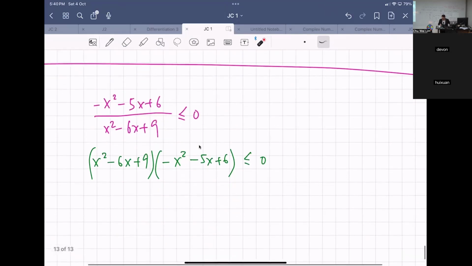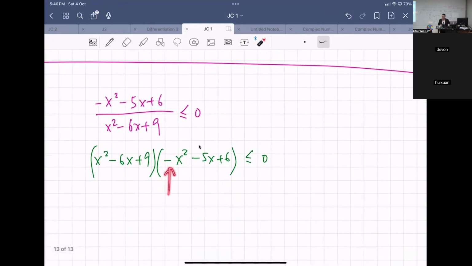If you use the calculator, it will always treat this as positive 1, positive 2, positive 3. But the roots will be the same. So this one, you don't expand everything out and factorize. You have to think first, not just expand and merge. Then down here, this part is x minus 3 whole thing squared, right?